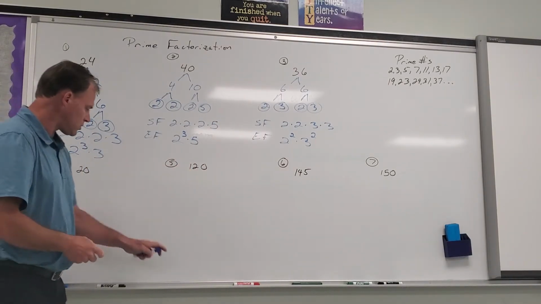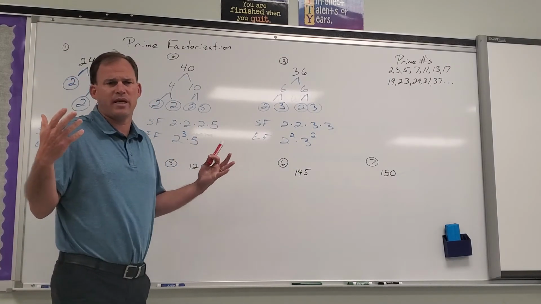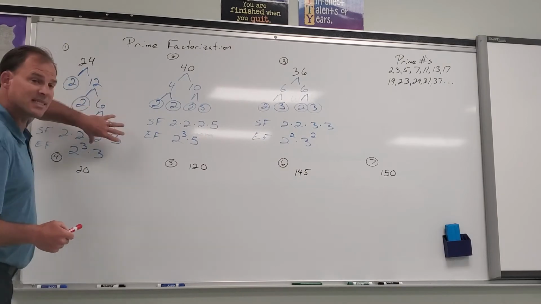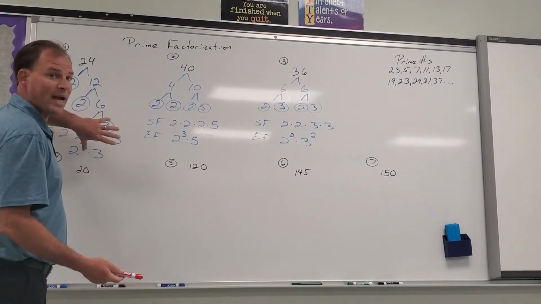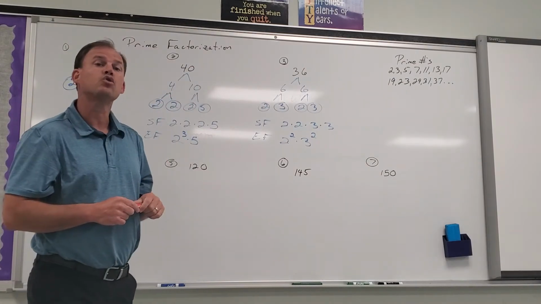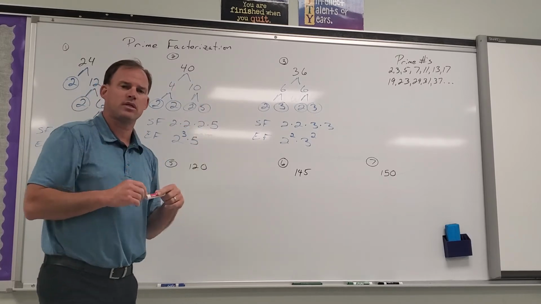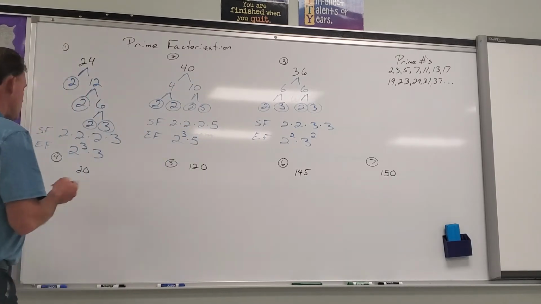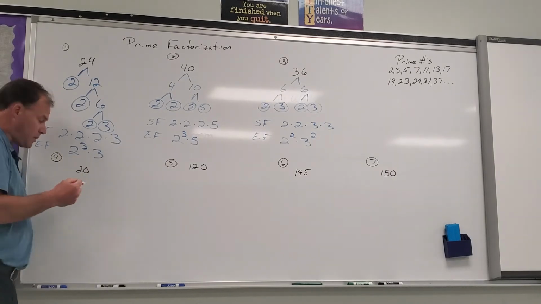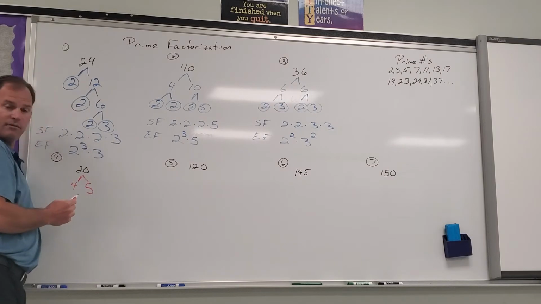Number 4, so 20. Again, try and come up with bigger numbers if you can. Notice if I'm picking 2 every time, this gets kind of long and it's easy to lose track of things. If I can pick bigger numbers, the trees get a little shorter. So if you can start with some bigger numbers, it'll save you layers or branches on that tree. So when I see 20, I'm thinking 4 times 5.